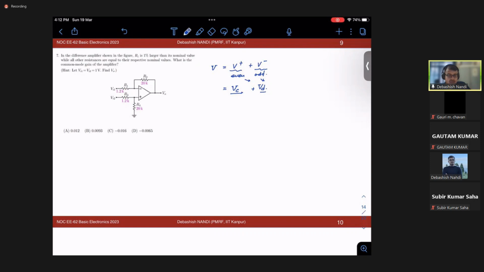So suppose you have this Vi1 and Vi2. Suppose you have Vi1 equal to Vc plus some Vd1, and Vi2 similarly has Vc plus some Vd2. So you want this common part not to get amplified.